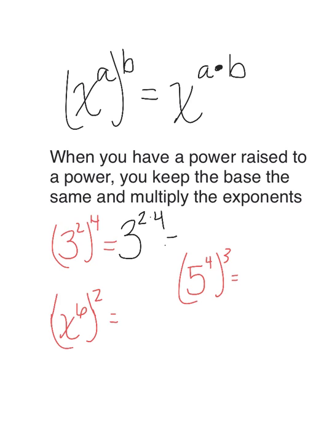So this is really 3 to the 8th power. x to the 6th, squared, is going to be x to the 6 times 2, which is 12, so it's really x to the 12th power. Go ahead and do 5 to the 4th, all raised to the 3rd power, and I will check that one tomorrow.